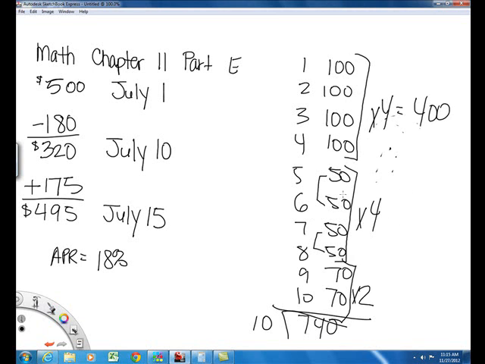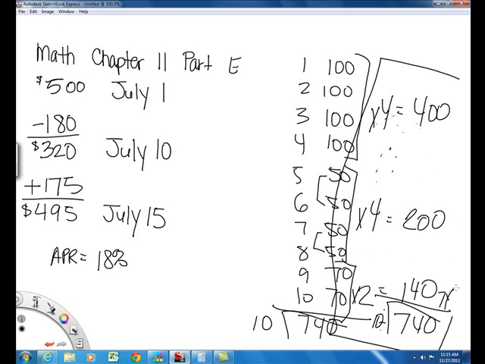That makes it 400, 200, and 140. And then I add those up, and that gives me 740. Then I divide it by the number of days, or divide it by 10, and it still gives me 74. This way, using the multiplication, is 10,000 times easier, especially when we consider we're usually doing 30 days. So that's the way that we're going to do it. That's what we're doing when we're breaking it down by each day.